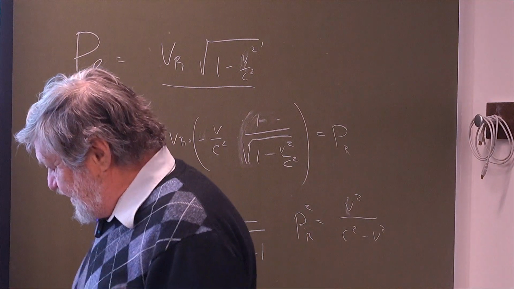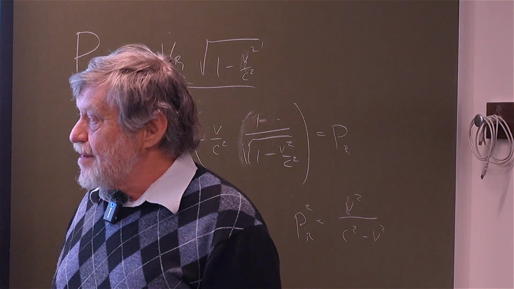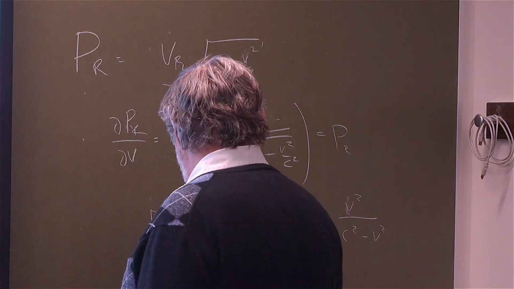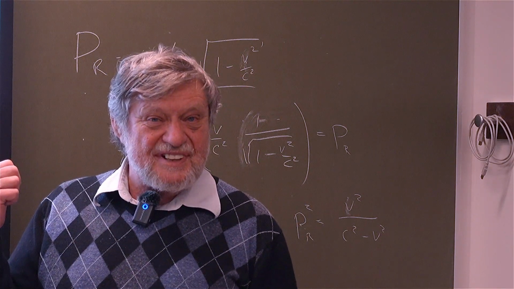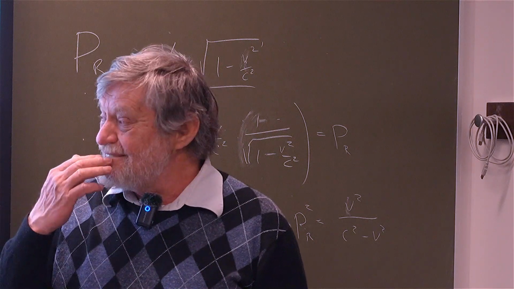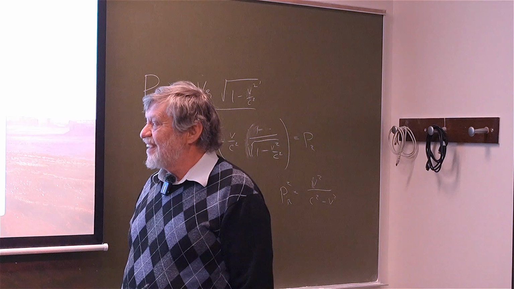And to check, you need to say that if p is proportional to v, if p is small, it should go to the classical Hamiltonian. It's a good question, yeah.